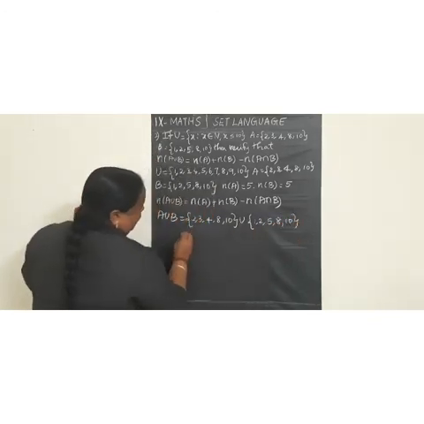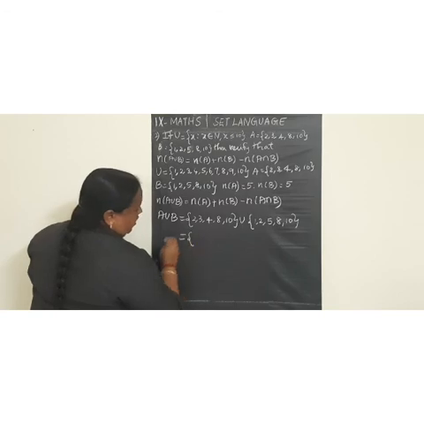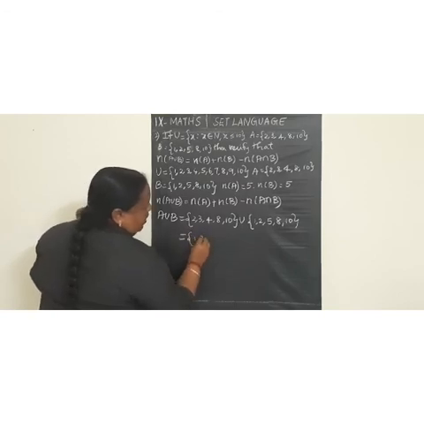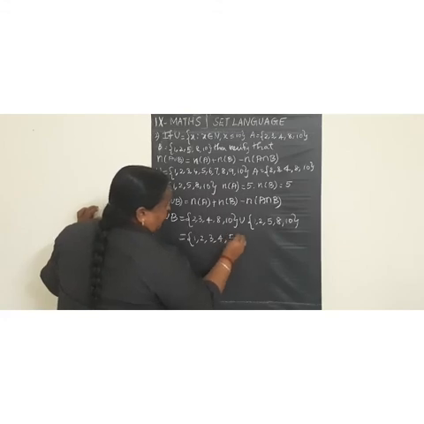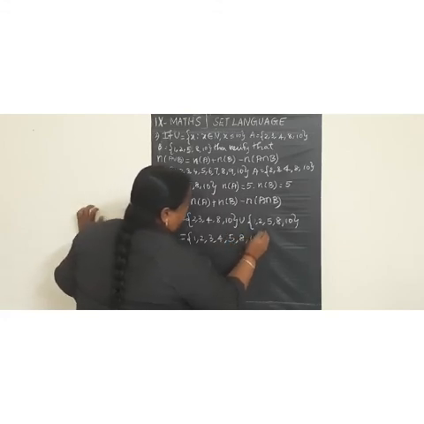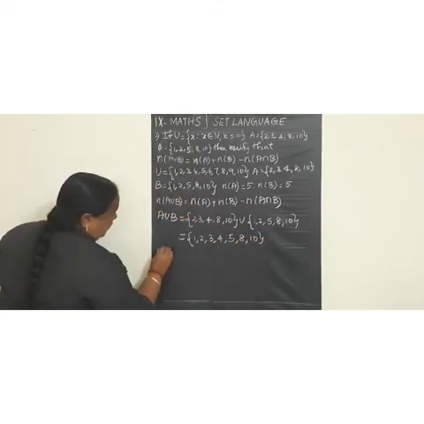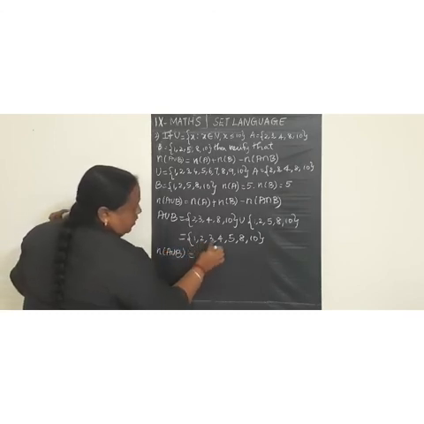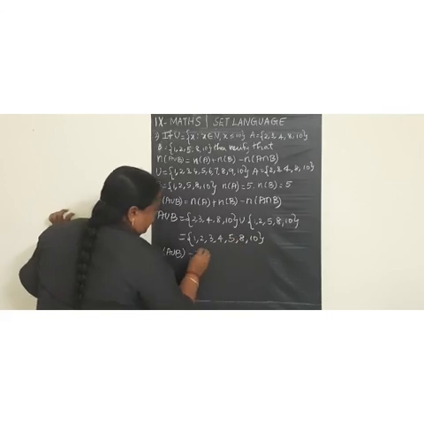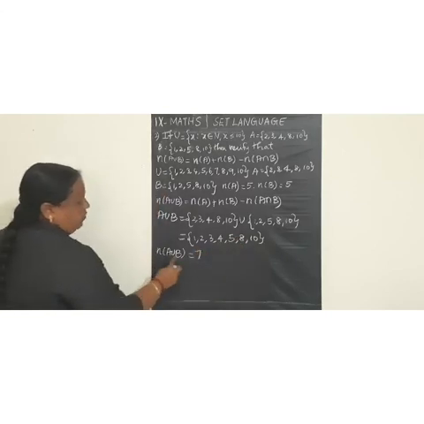Union means we have to combine both and write it. So A union B is equal to 1, 2, 3, 4, 5, 8, 10. So n of A union B is equal to 1, 2, 3, 4, 5, 6, 7 elements. So n of A union B is equal to 7.